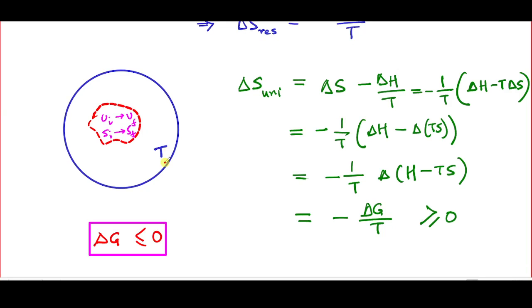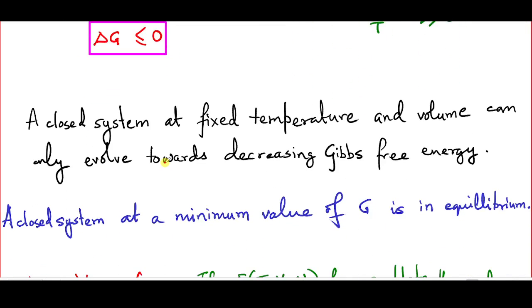Now, once again, it's easy to see that such a system, a closed system held at constant P and T, will be in equilibrium when it reaches the minimum possible value of the Gibbs free energy. This is actually a very important point and will come in extremely handy when we talk about theories of chemical reactions or phase transitions.